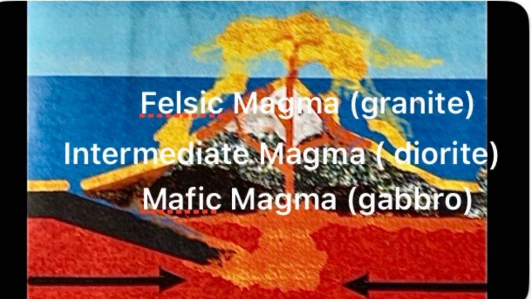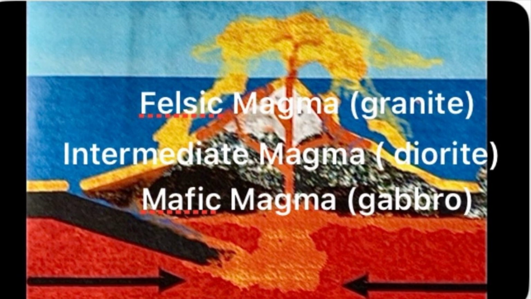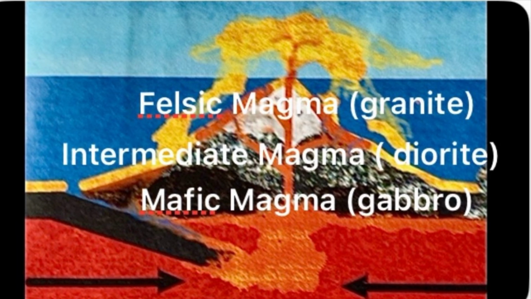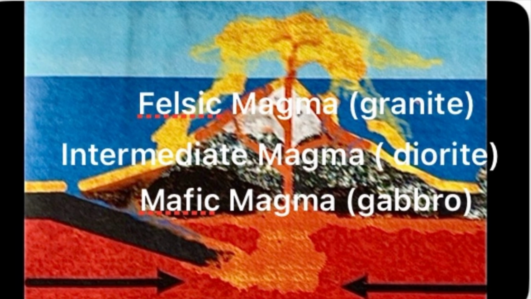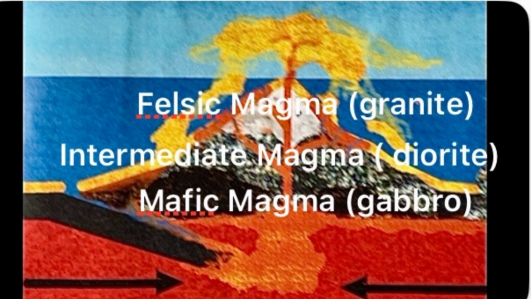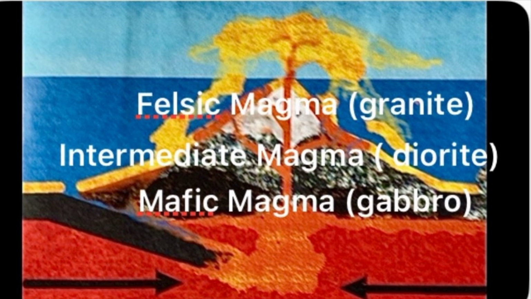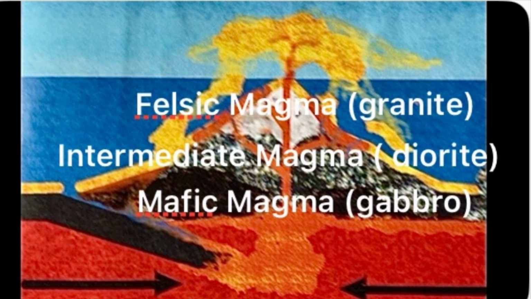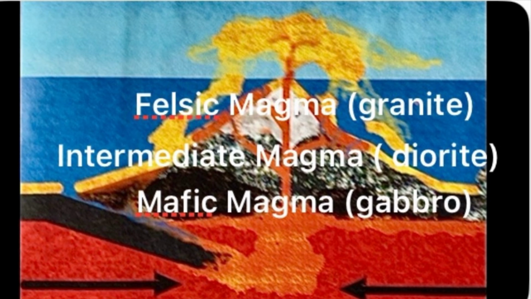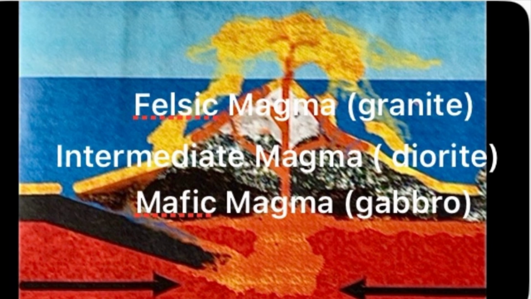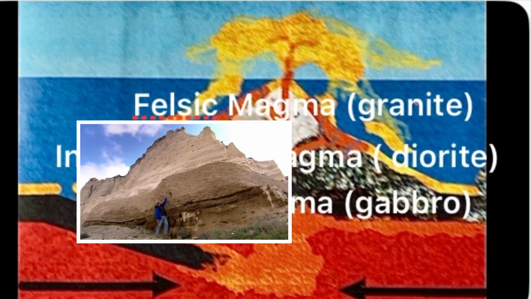The felsic magma, which is the lightest, rises up to the top of the volcano, and the intermediate magma, which is next lightest, rises up above the mafic magma. The felsic magma, which is granitic in nature, plugs the top of the volcano because it doesn't want to flow out. Eventually the volcano explodes and most of that felsic magma turns into felsic tuff and is spewed all over the countryside.